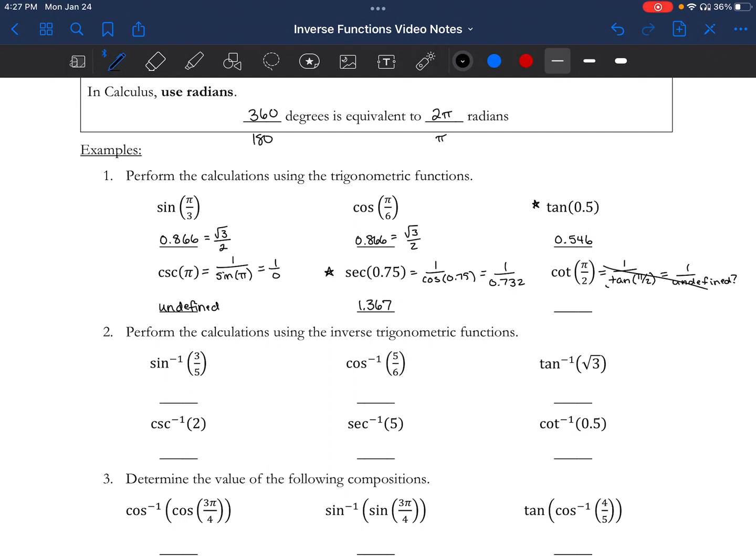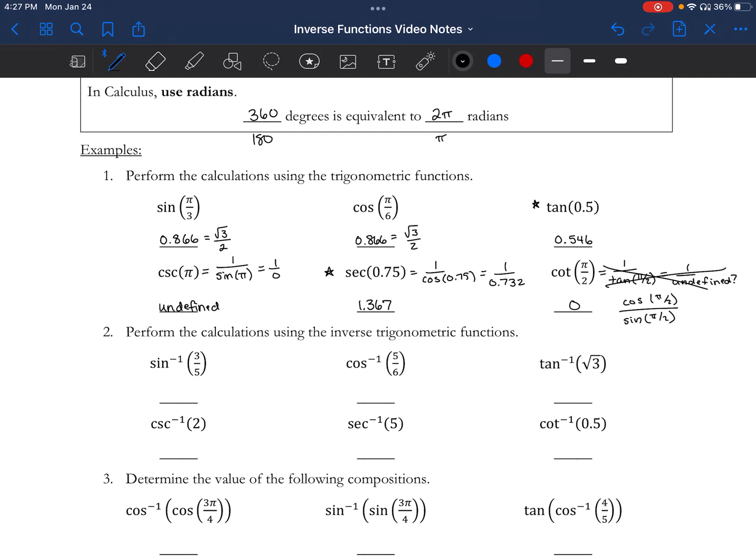So instead of doing that, which is a terrible idea, do cosine of pi over 2 divided by sine of pi over 2. If you do that, let me type this in my calculator, cosine of pi over 2 divided by sine of pi over 2, you actually get the answer of 0.